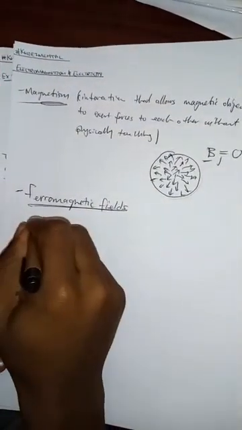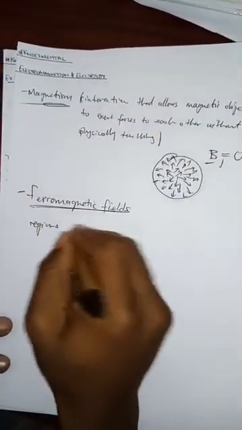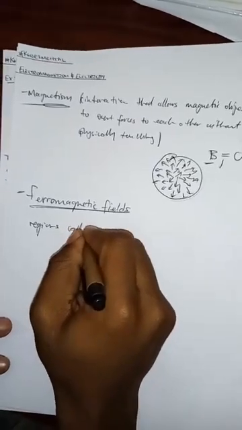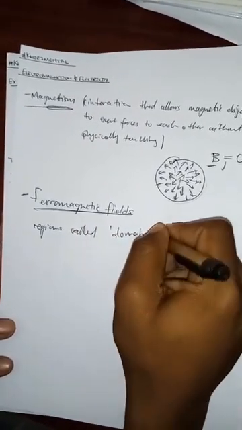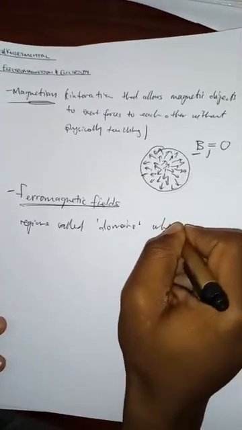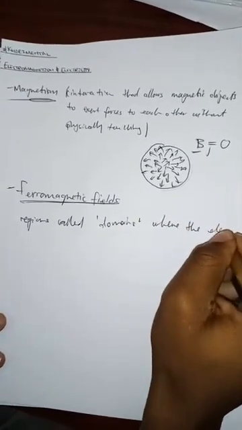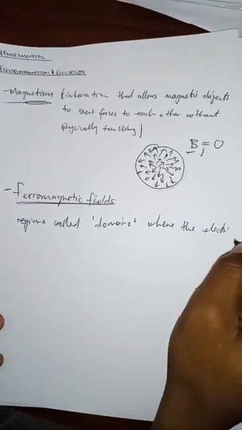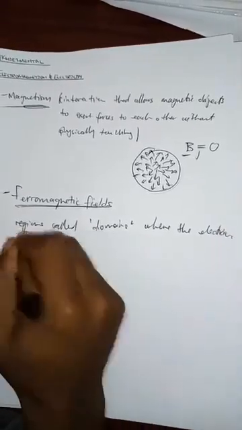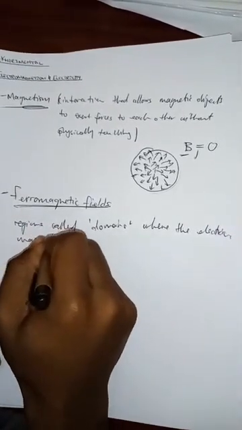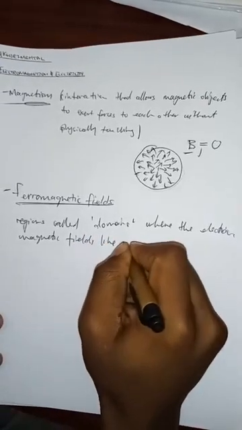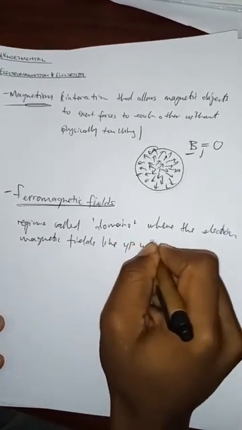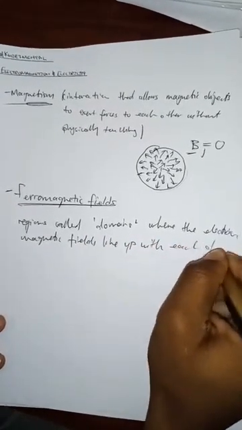These are regions called domains, where the electrons' magnetic fields line up in a particular direction. They line up with each other in a particular direction.